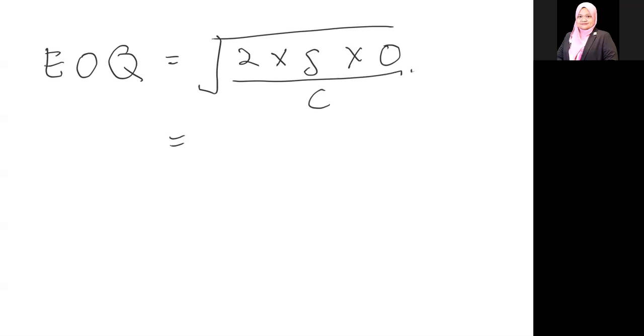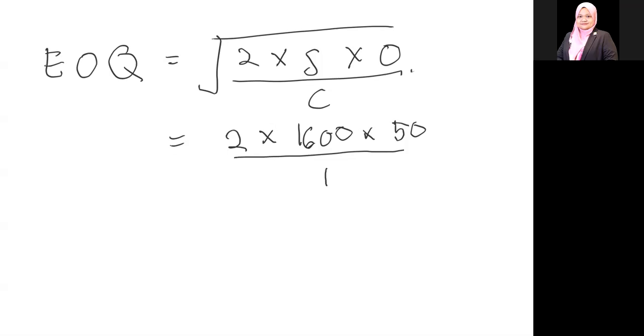So substituting this information into the above equation, we get 2 times the usage in units, how much is used annually, which is 1,600 units, times the order cost, which is $50, divided by 1.